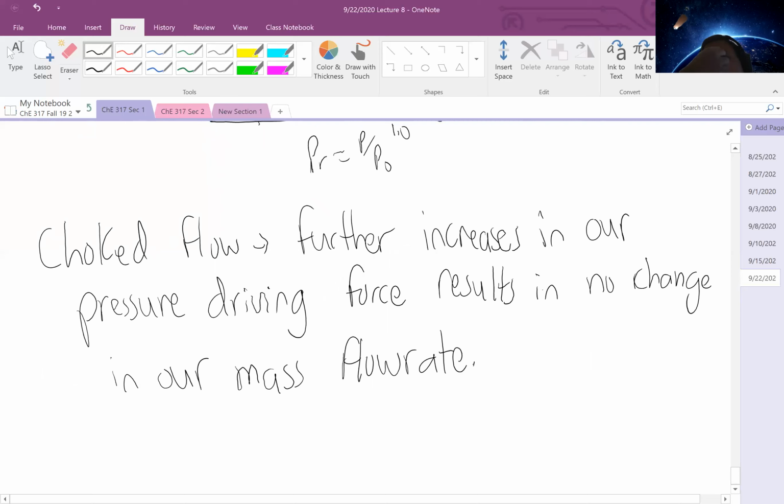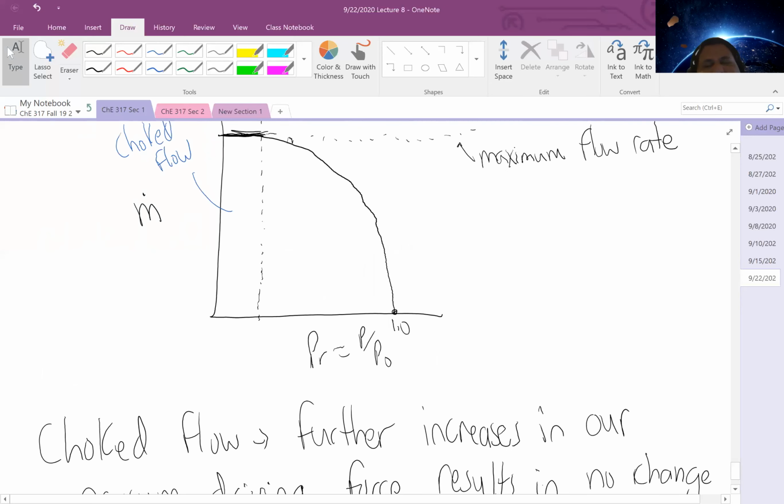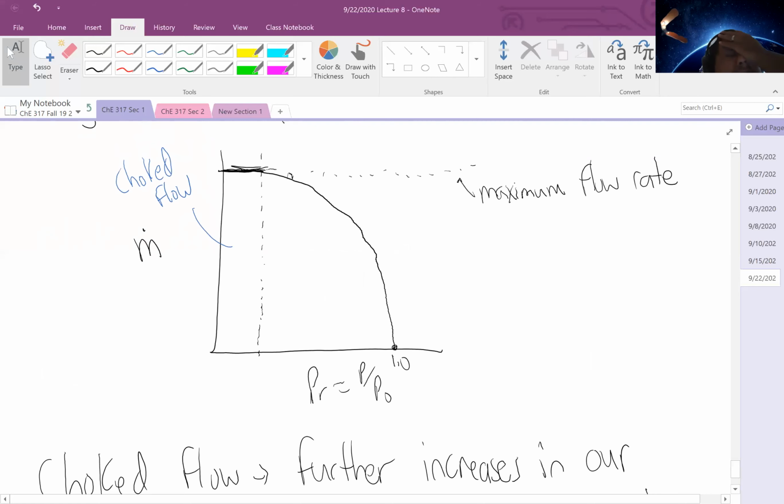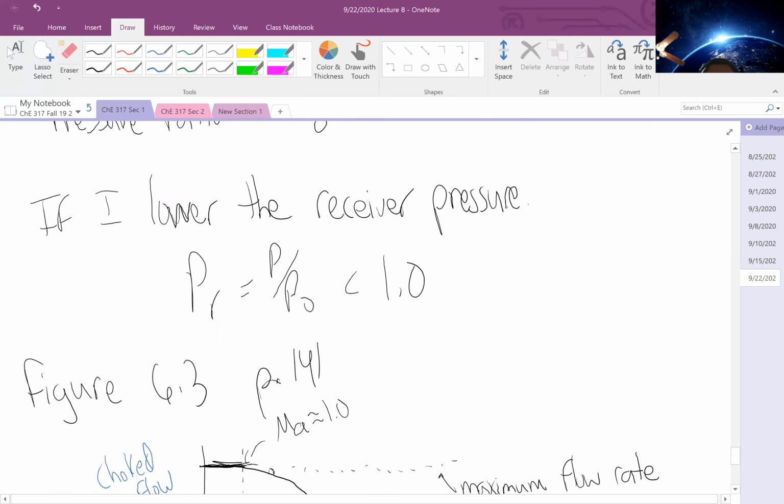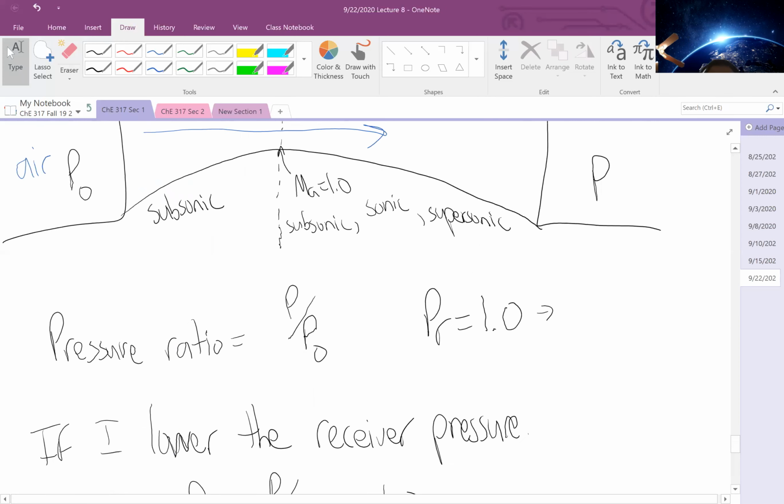Choked flow is an extremely important concept when we're considering flow of compressible fluids, primarily because you're in a situation where your driving force is doing nothing for you. And essentially you're pushing that sonic velocity. Because what happens when you try to achieve sonic flow?